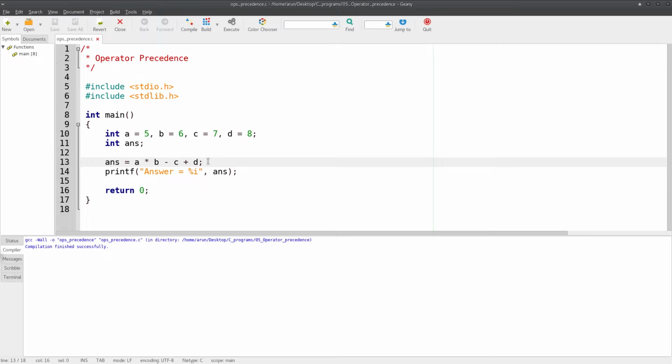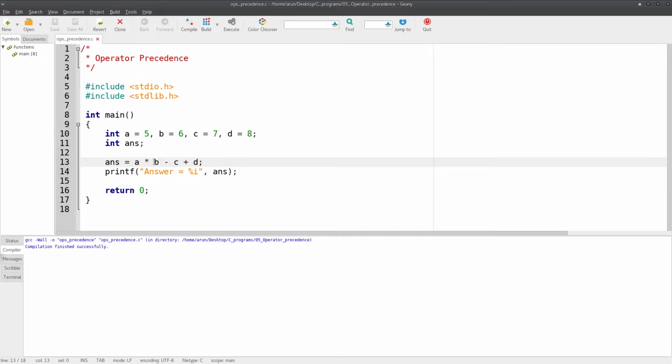Or the other way to look at it is that c and d will be added together, that value will be subtracted from b, and then the entire result will be multiplied by a. I'm just saying it's totally possible because the interpretation is pretty vague over here.